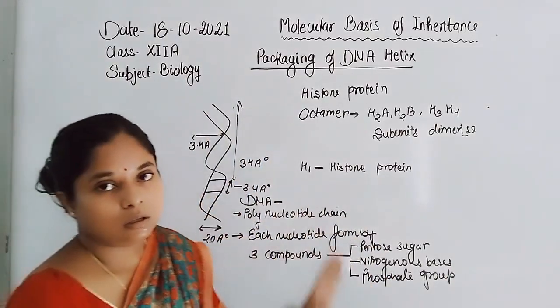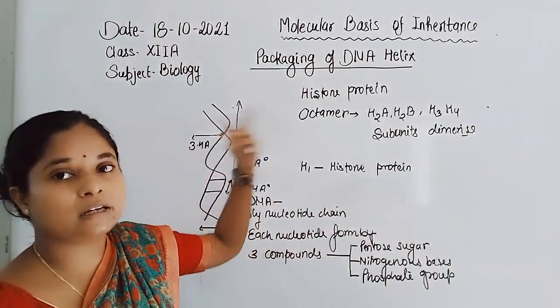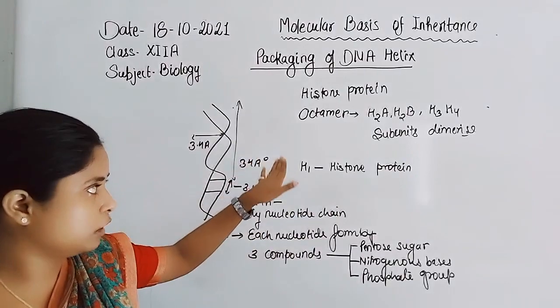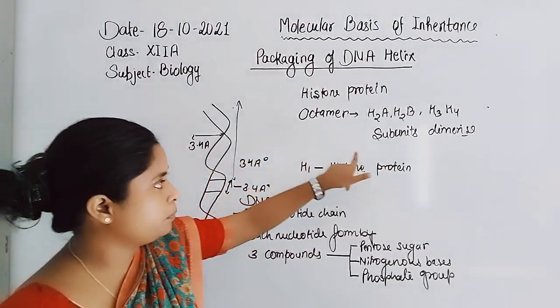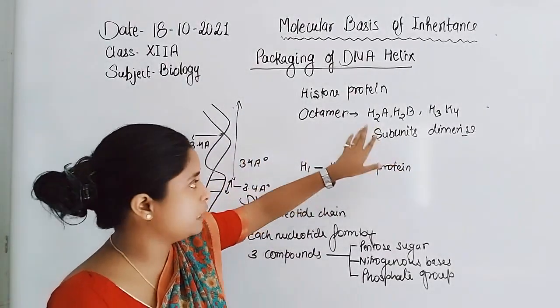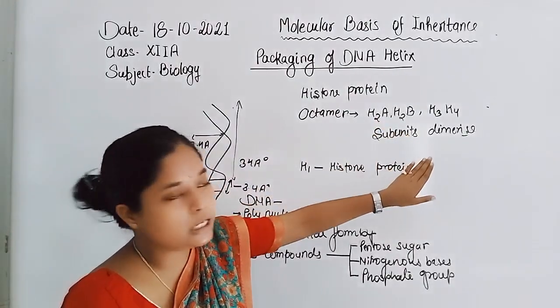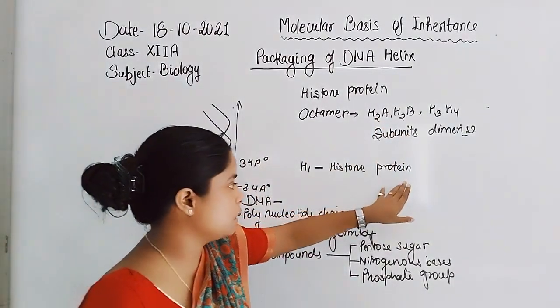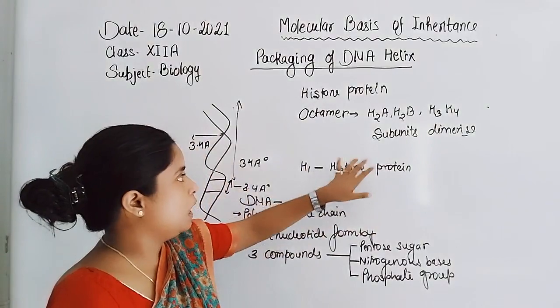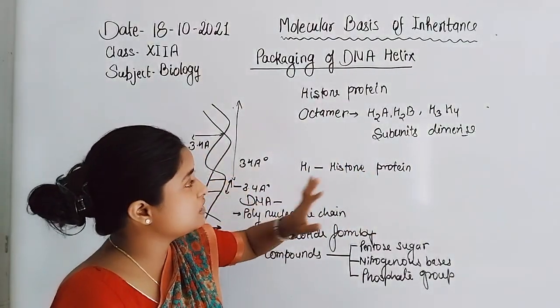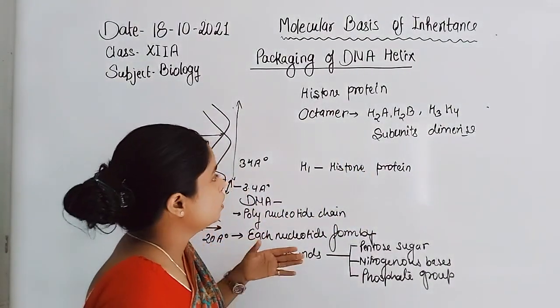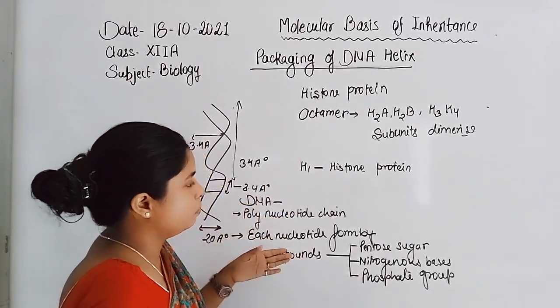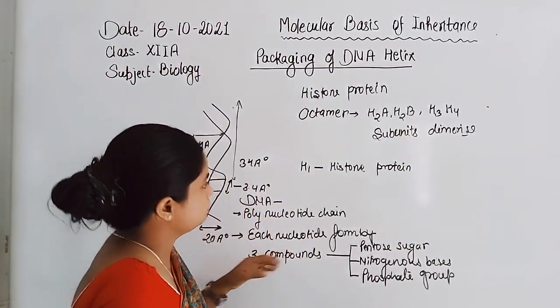Now, DNA wraps around the histone octamer formed by H2A, H2B, H3 and H4 subunits, which are present in dimer form or dimerized to form the histone octamer.